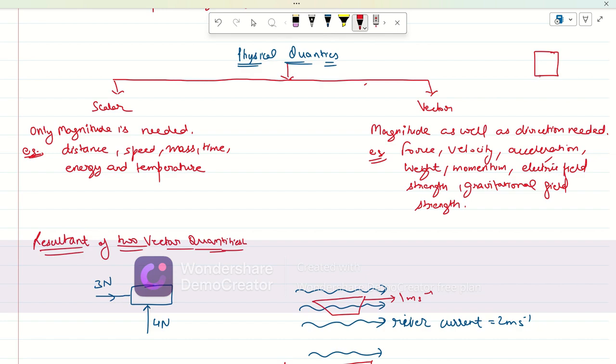You will ask in which direction the force is applied. So force is a vector quantity. Quantities in which direction is needed with magnitude are known as vector quantities. Examples of vector quantities are force, velocity, acceleration, weight, momentum, electric field strength, and gravitational field strength. Examples of scalar quantities are distance, speed, mass, time, energy, and temperature.